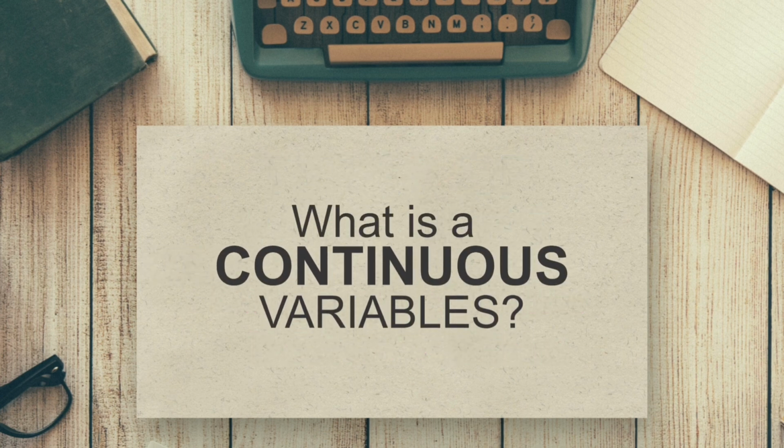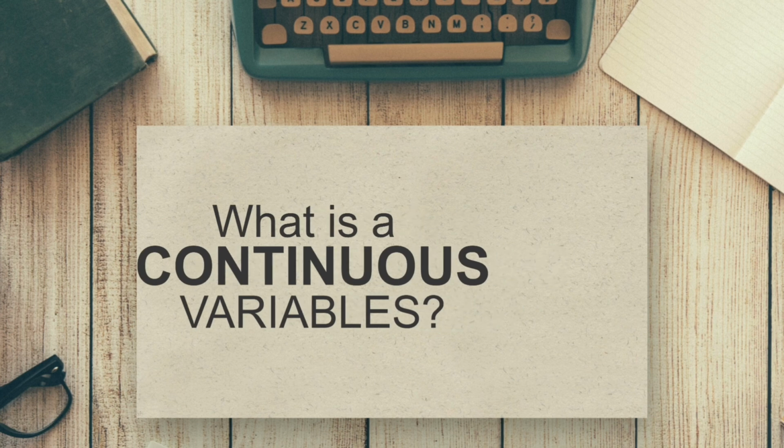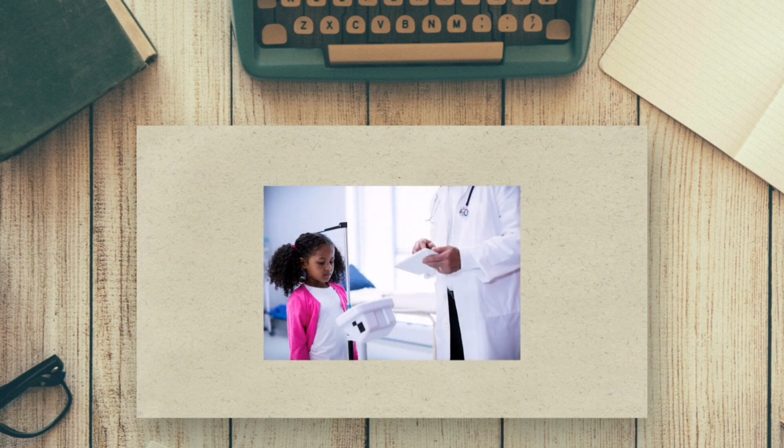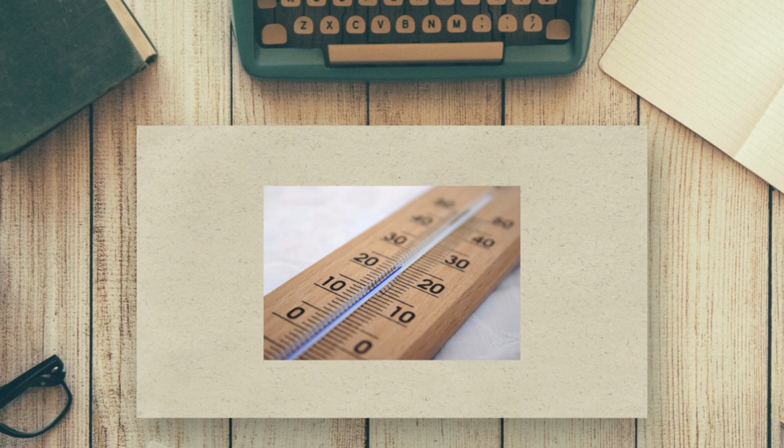Now let's get to know what is a continuous variable. A continuous variable is a variable that can take an infinite number of values that can occur within the population. Its values can be divided into fractions. Take note, the word fractions. Examples of this type of variable include age, height, and temperature.